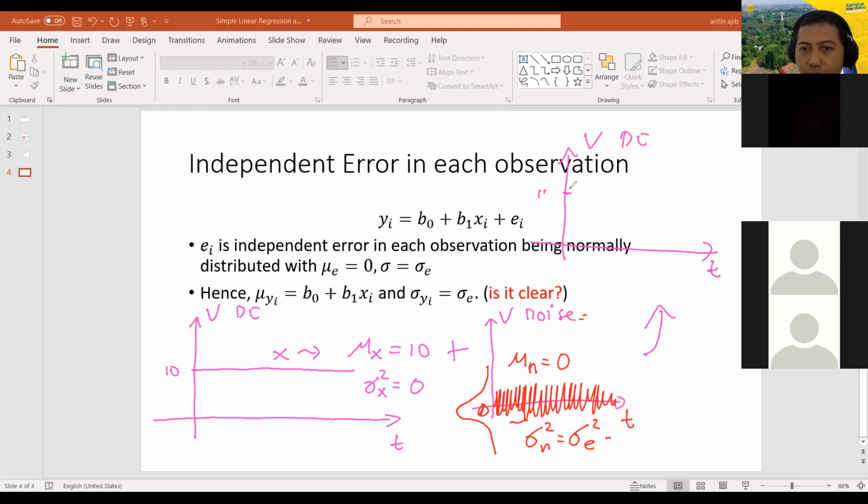Dia 10, tapi dia naiknya kayak gini. Kalau lihat seperti ini, misalkan ini adalah Y, rata-rata dari Y berapa? 10. Standar deviasi dari Y berapa? Dicari.